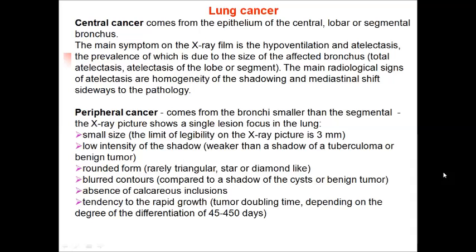Usually peripheral cancer is rounded in form, rarely triangular, star or diamond-like. Foci of peripheral cancer usually have blurred contours, compared to the shadow of cysts and benign tumors, which have regular contours.